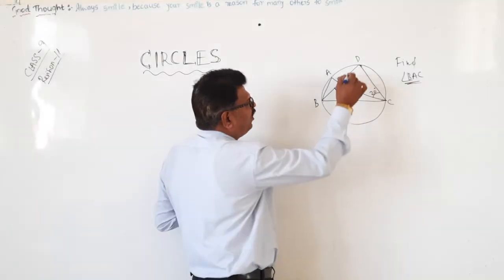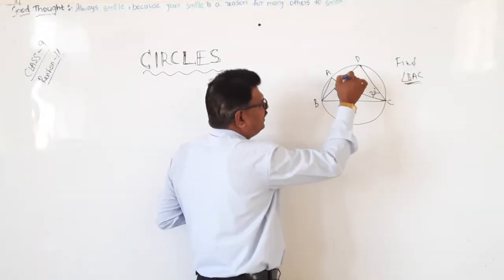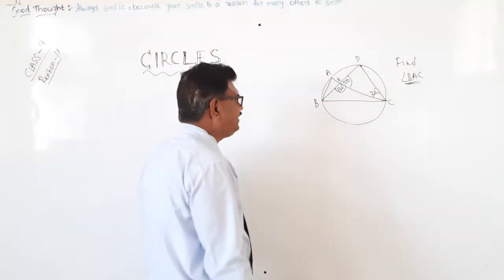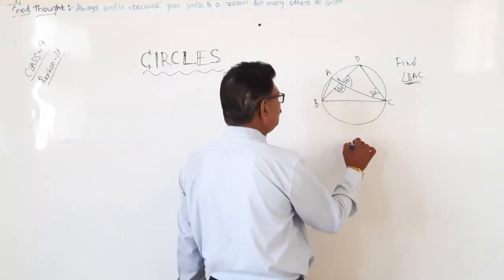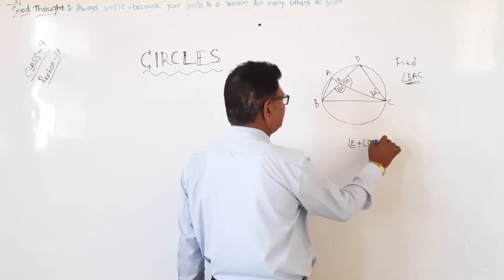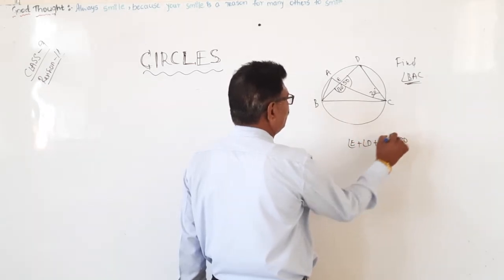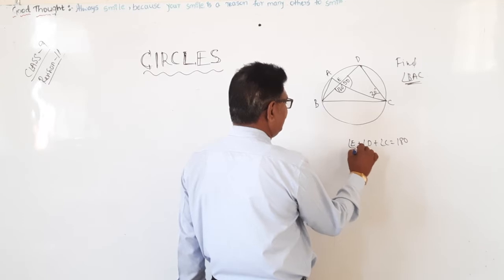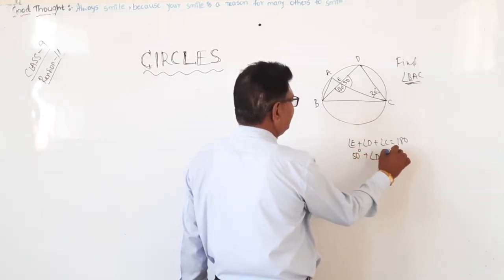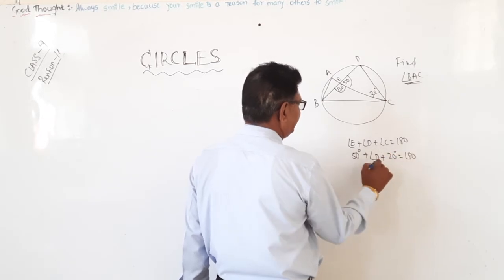Understood? Now, it is a triangle. It is a triangle means the sum of the angles in the triangle is 180 degrees. Therefore, you can do angle E plus angle B plus angle C equal to 180. This is 50 degrees. Angle D plus 20 degrees is equal to 180.